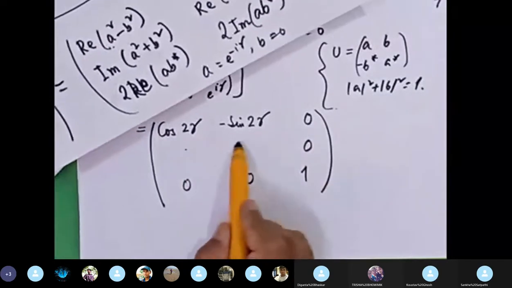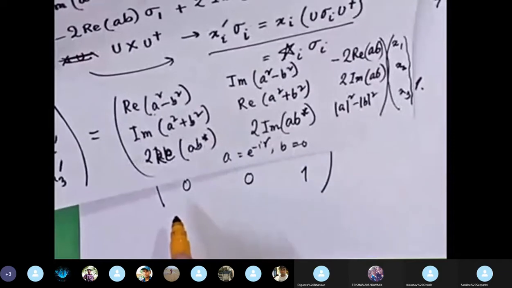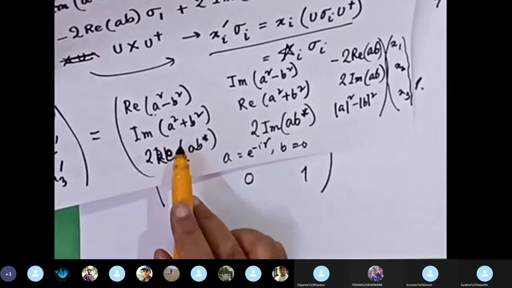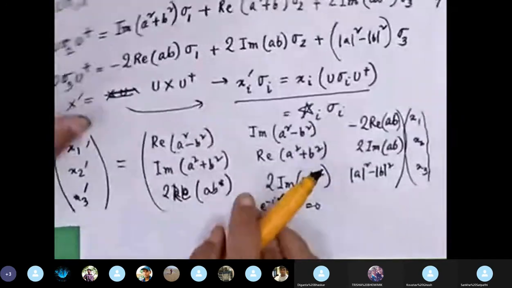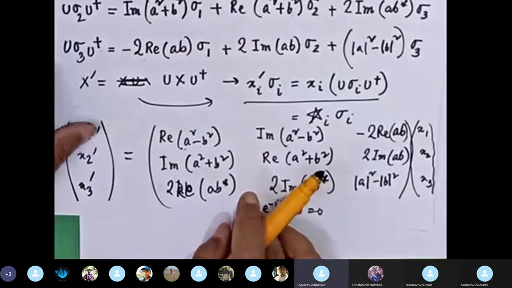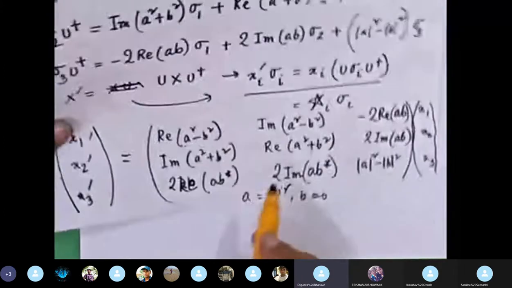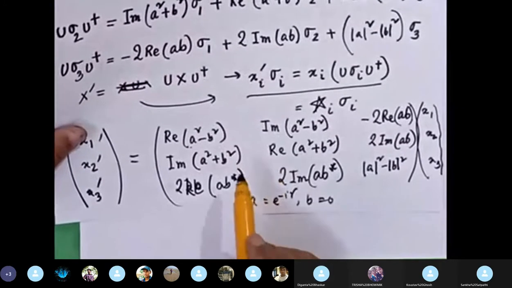What is this too? Imaginary A square. So the 1, 2 element will be negative, I think. Yeah, sure. So something will be negative for this choice.